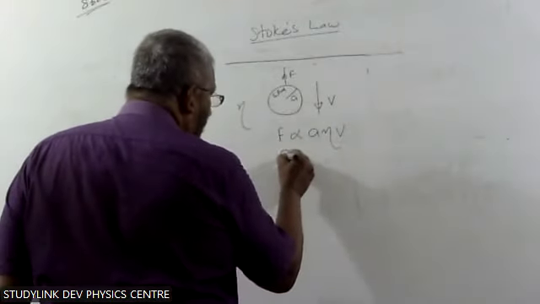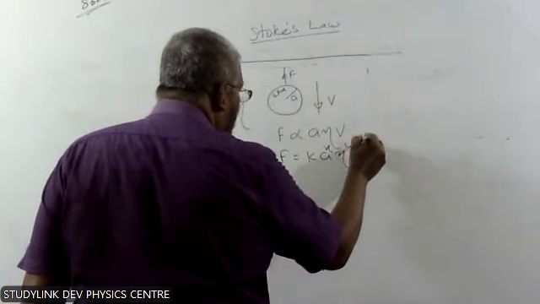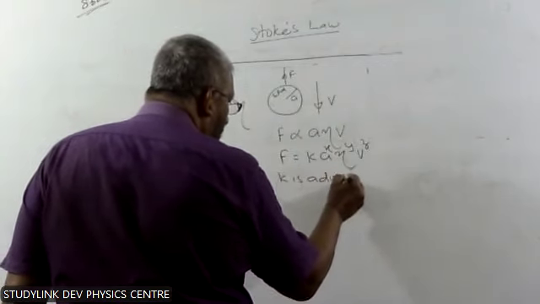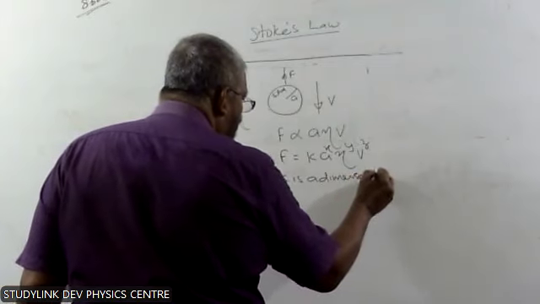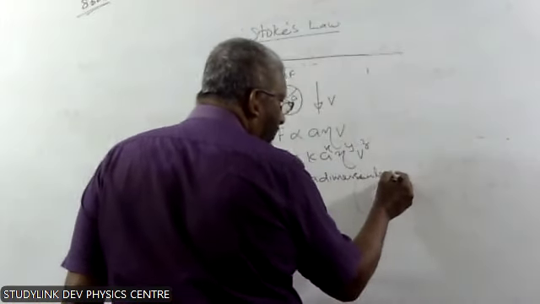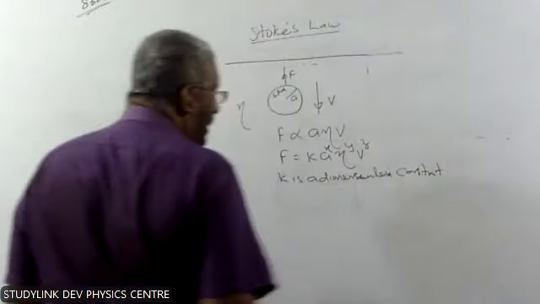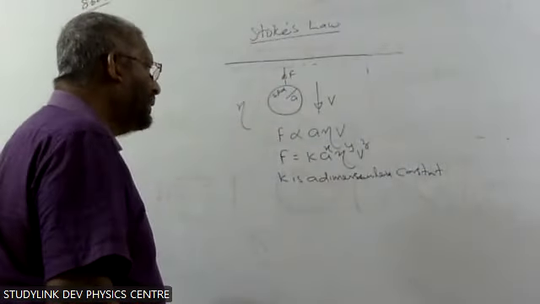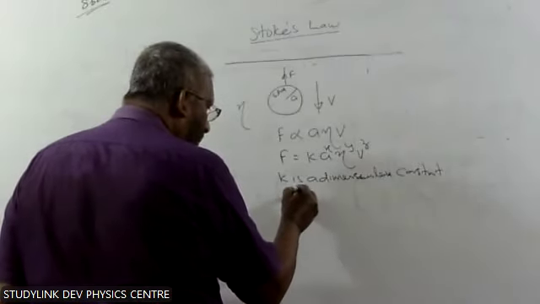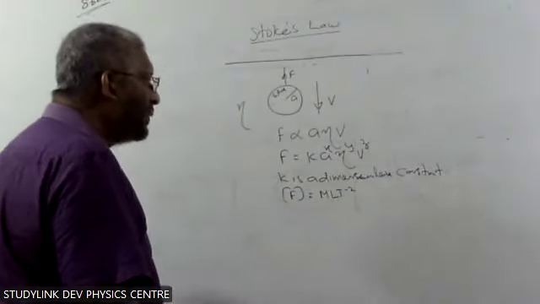Now we write F equals K A^x eta^y V^z. K is a dimensionless constant. After that, x, y, z are powers we have to find. Now, dimensions of F: M L T^-2.